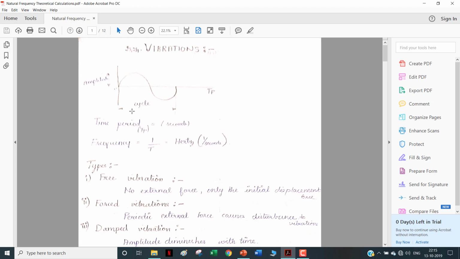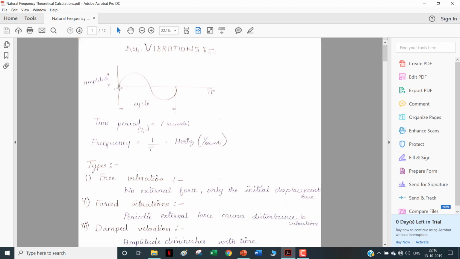Some of the terms involved in this vibration: first, amplitude. The maximum level up to which you get the vibration is the amplitude. So from the baseline to the topmost point is the amplitude. Along this graph, along the x-axis you have the time, and along the y-axis you have the amplitude, that is the displacement from the mean position, right?